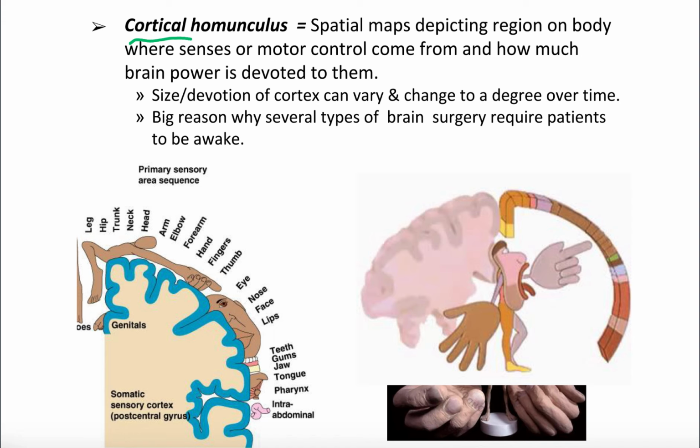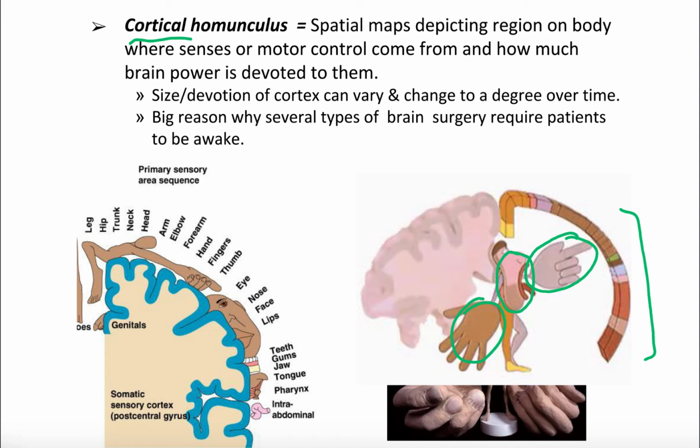It maps areas of your brain to parts of your body and what they control. So this kind of scary looking figure is just showing how much of your brain is associated with different parts of your body. A lot more of your brain is devoted to movement of your hands, for instance, and movement of your mouth than other parts of your body.